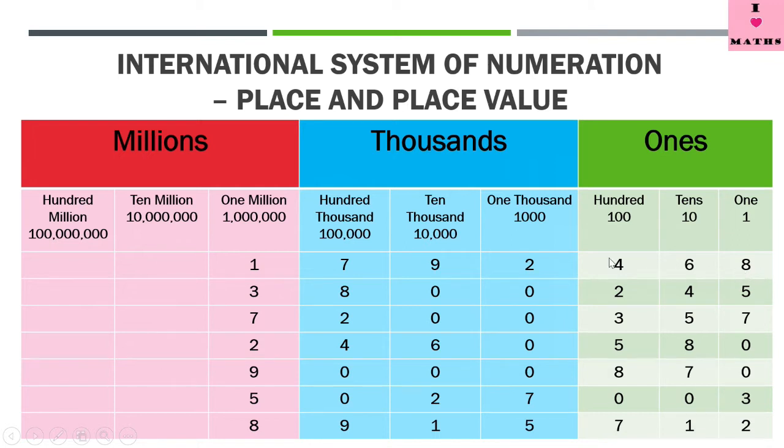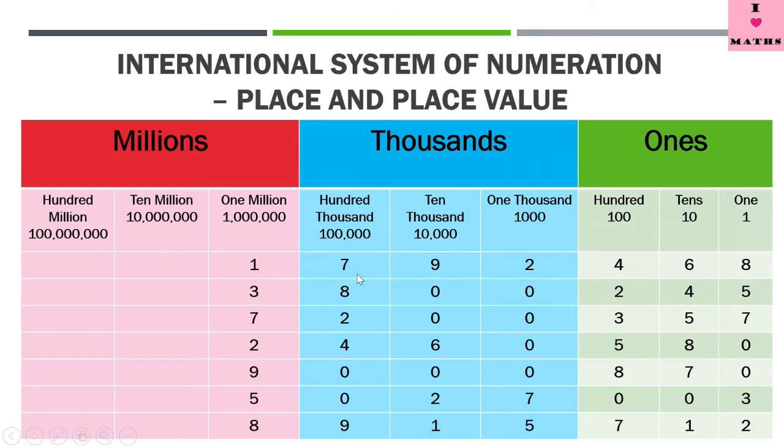1,792,468. Please note, I have read the digits 7, 9 and 2 which are lying in the thousands period like this: 792,000. Now why did I speak like this? Because 7 is in the 100,000s place, 9 is in the 10,000s place and 2 is in the 1,000s place.